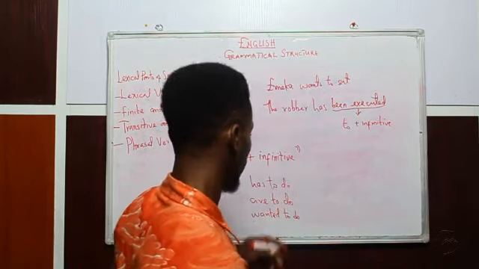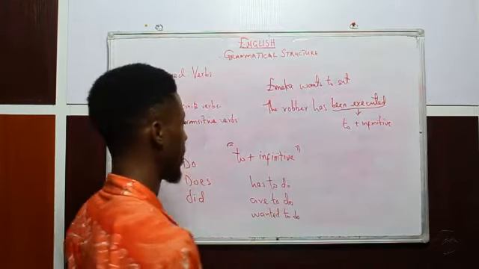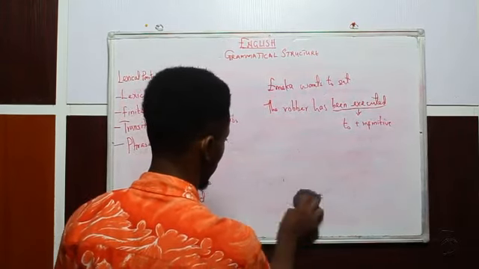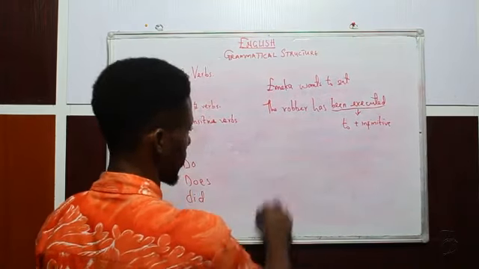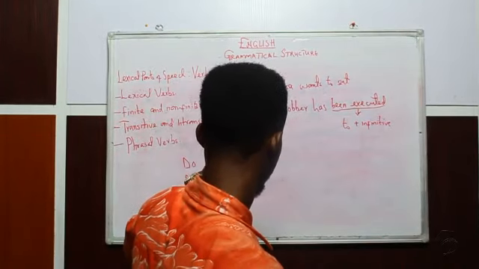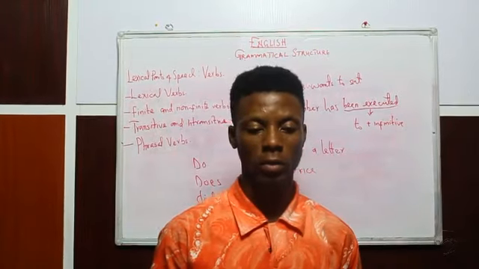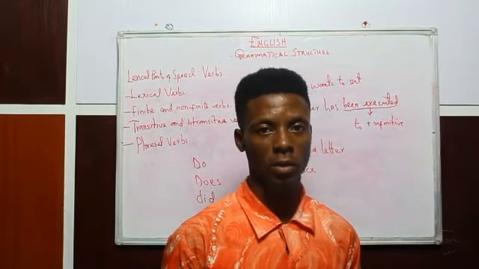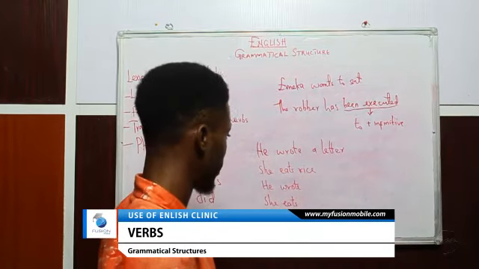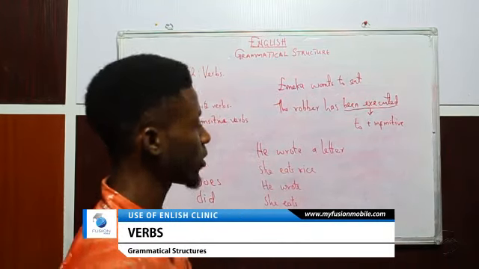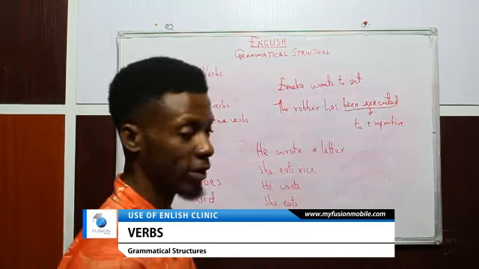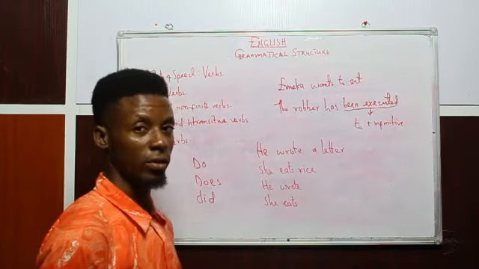Let us take further examples on the transitive and intransitive verb. In the following sentences, let us examine them. We have, he wrote a letter. She eats rice. And, he wrote, she eats.